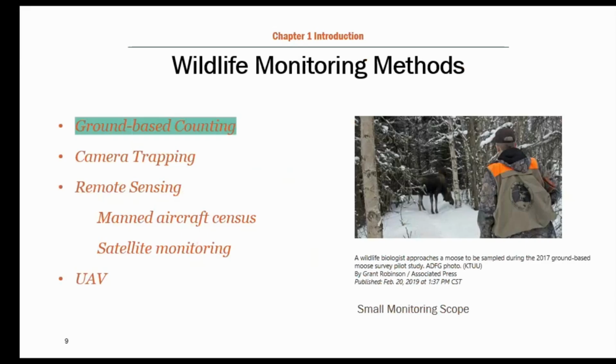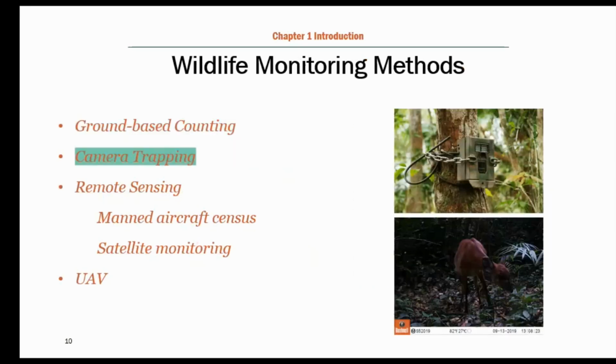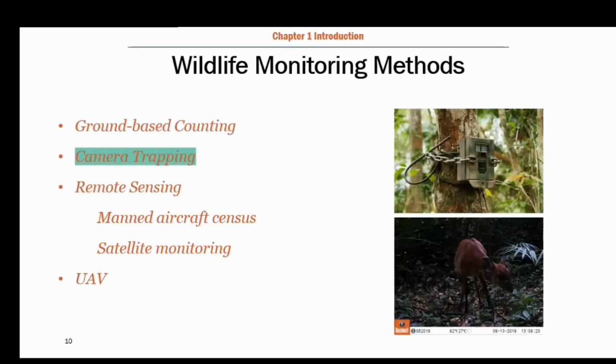method is named ground-based counting, which primarily relies on humans' close-range observation. This approach can provide detailed information, but it is limited to the areas that are accessible to human beings. The second method is camera trapping.